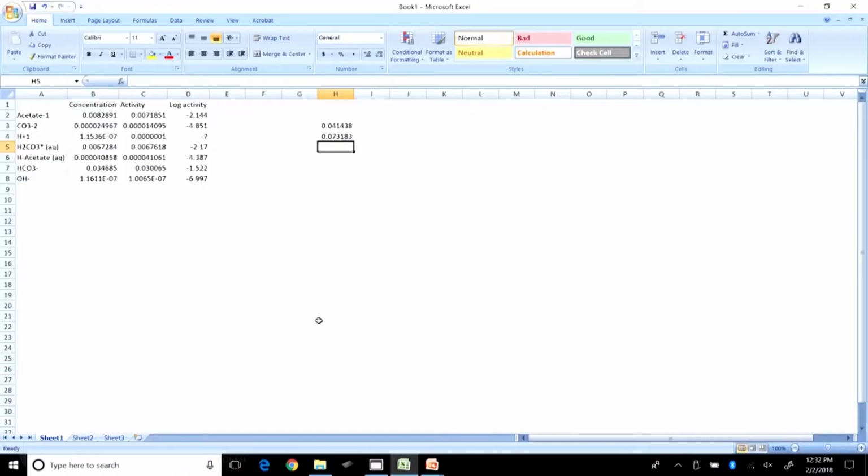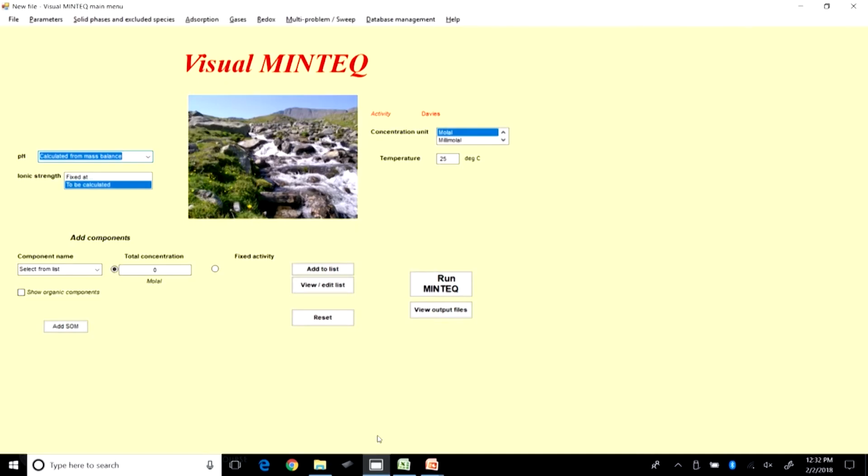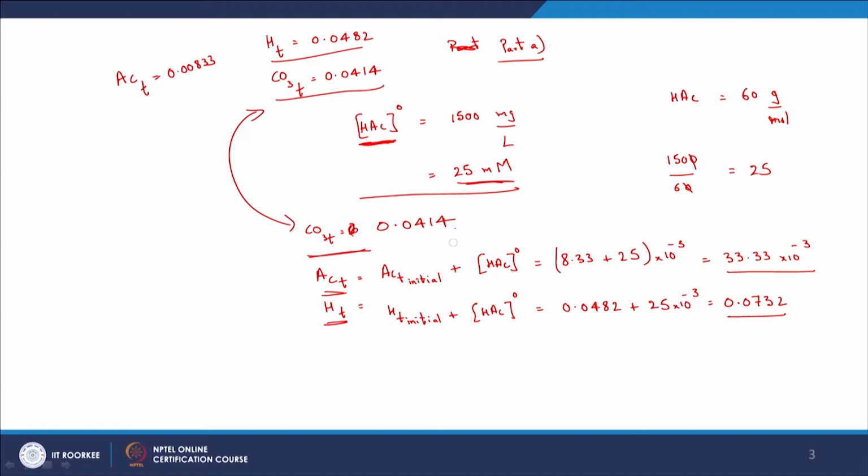So, let us go back to VMinTeq, and hopefully we can come back to these numbers when we want to, and I think we need to calculate the pH. I need to show the organic compounds because I am going to have acetate total, and what is that particular value, please?